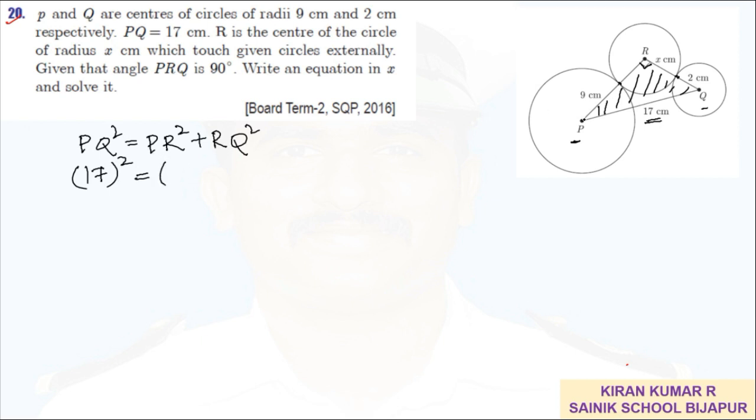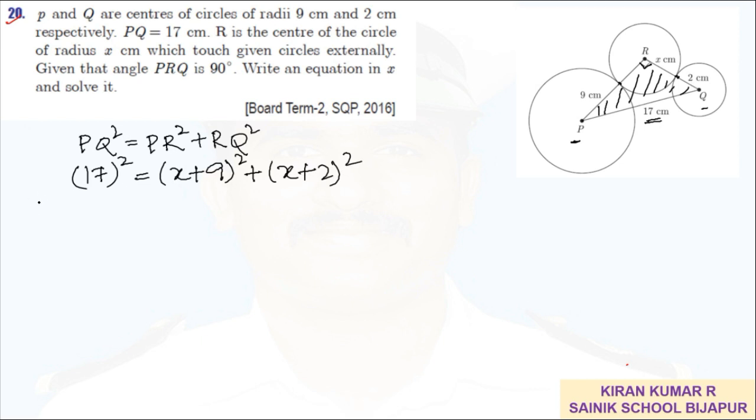What is the distance PR? It is x added to 9. So x plus 9 whole square plus QR is again x added to 2. It is x plus 2 whole square.